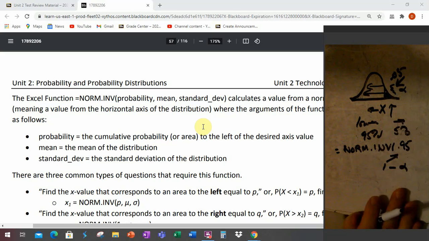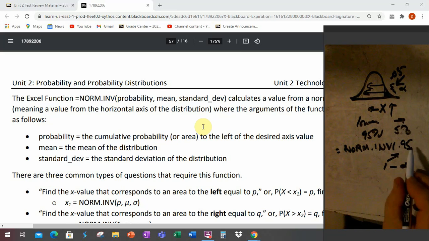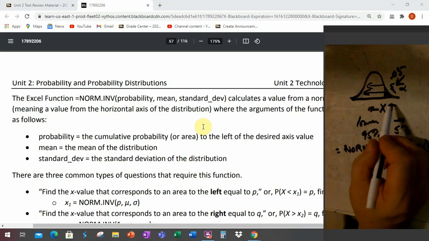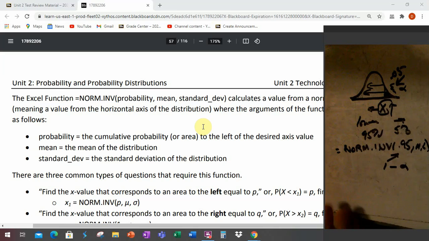This top is alpha. So this would be the 0.95, and then you would pass it the mean and the standard deviation, and it would give you that x value that separates these two. Here it is, the cumulative probability, or area to the left of the desired x value. This is the area value, by the way.